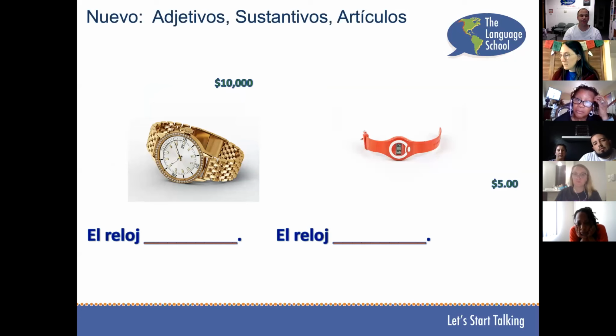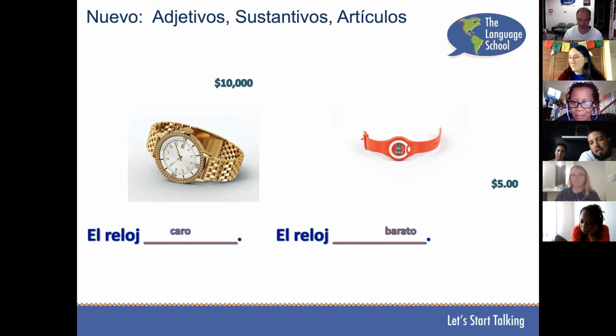All right, Daisy. El rojo reloj. Bien. ¿Cómo se dice expensive? Caro. El rojo reloj caro. El reloj, ¿cómo se dice cheap?